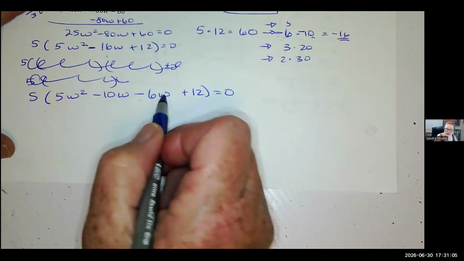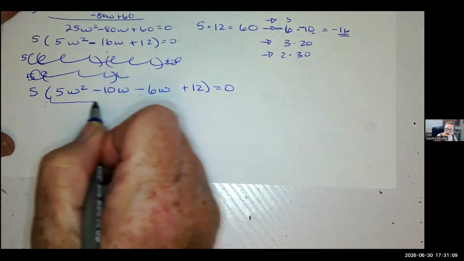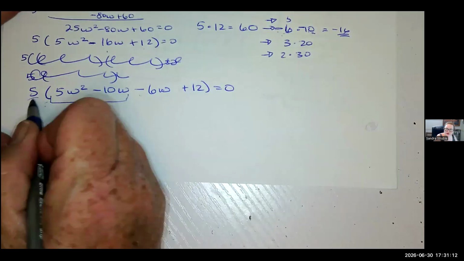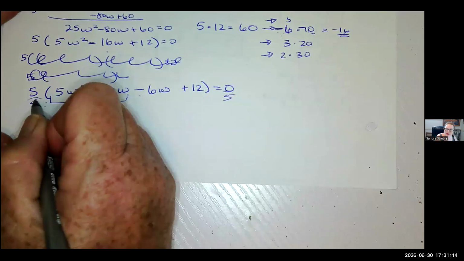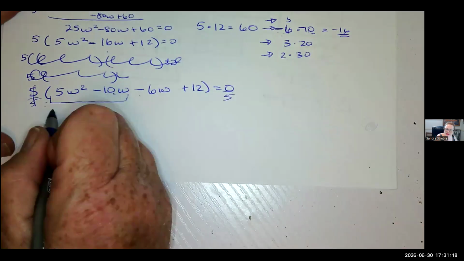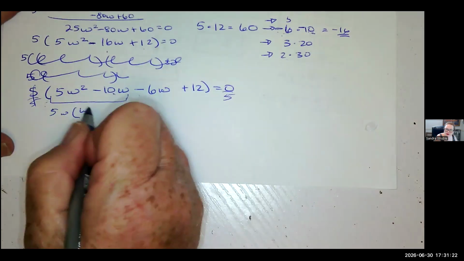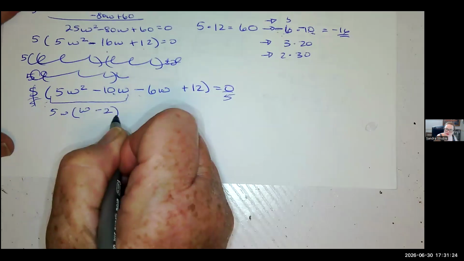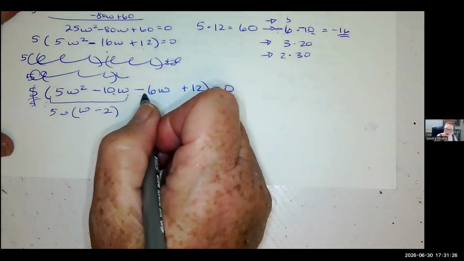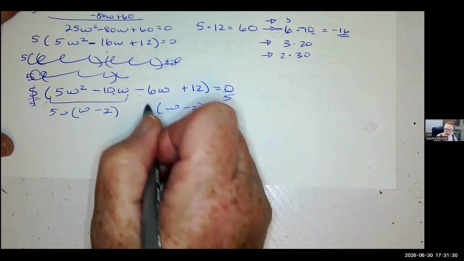Now we can look at just these first two. We can divide both by 5, too, to get rid of that. That's gone. Look at these first two. What do they have in common? We've got 5w in common. And when you factor 5w out, you're left with w minus 2. For the next one, we want w minus 2 as our other binomial. So I need to factor out a negative 6 in order to make that happen.